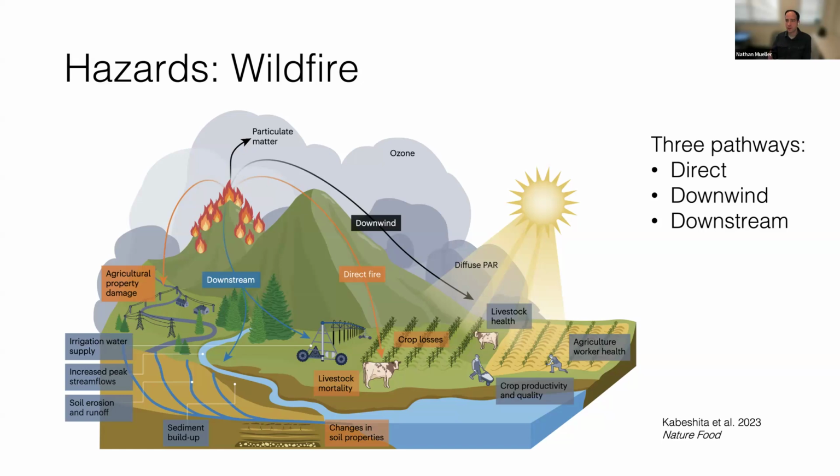Often close to the fires, you can see reductions in radiation and decreases in crop yields, but farther away, you can have more diffuse radiation and actually see increases. But fire also elevates ozone, which is damaging to crops, and we can also see impacts downstream due to changes in runoff patterns and sedimentation that can damage reservoirs and irrigation equipment, things like that.